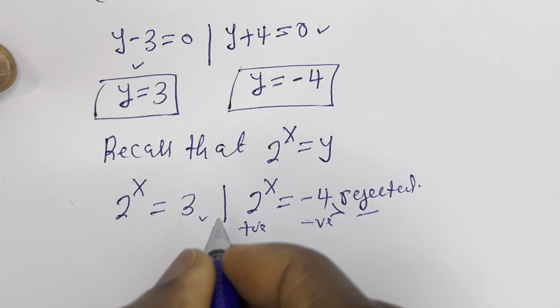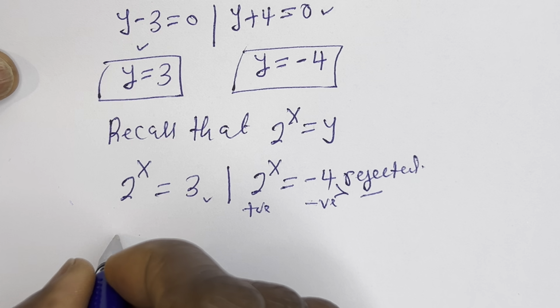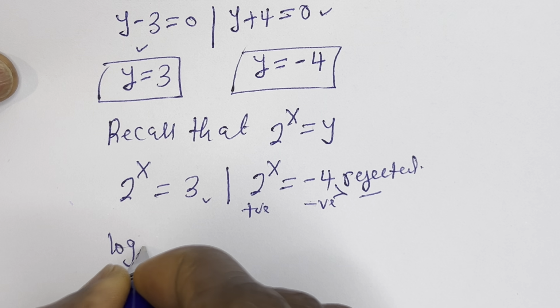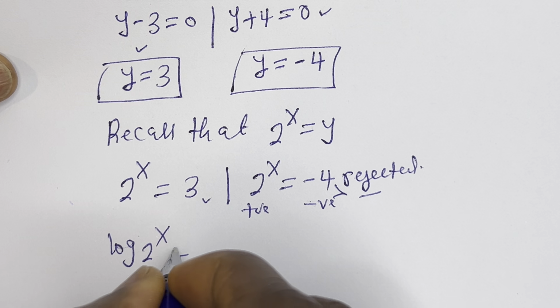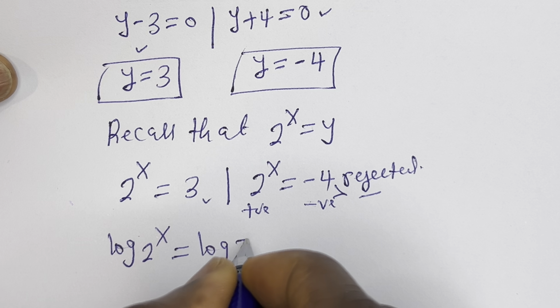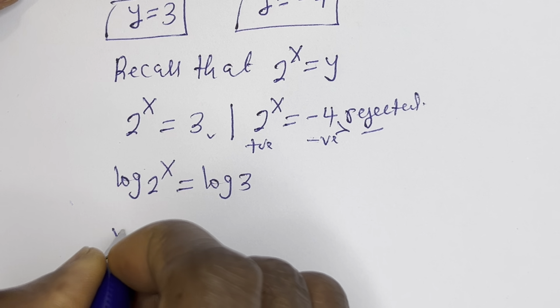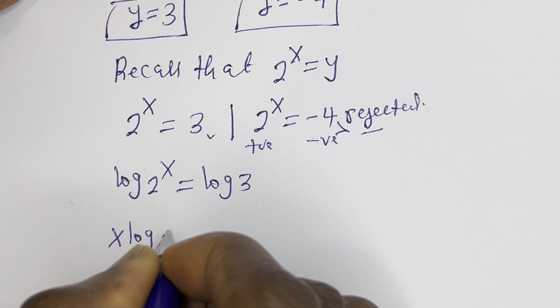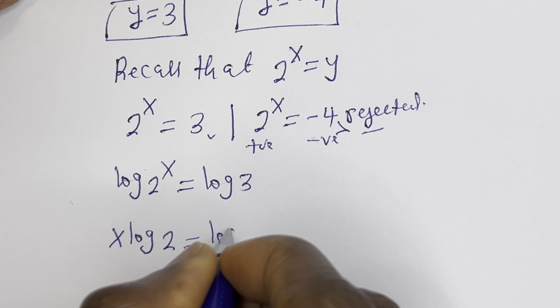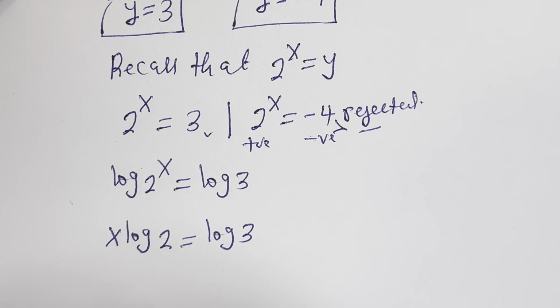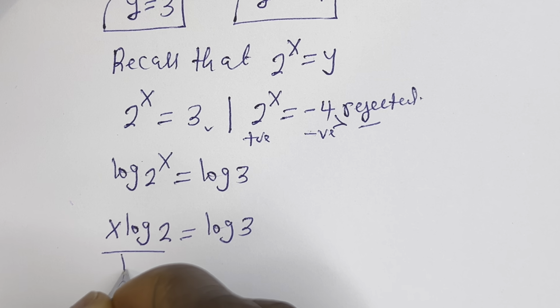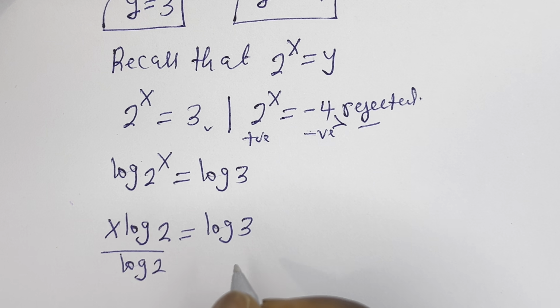Then we consider this. Let's take the log of both sides. Log 2 to the power of s is equal to log 3. Then s log 2 is equal to log 3. Let's divide both sides by log 2.